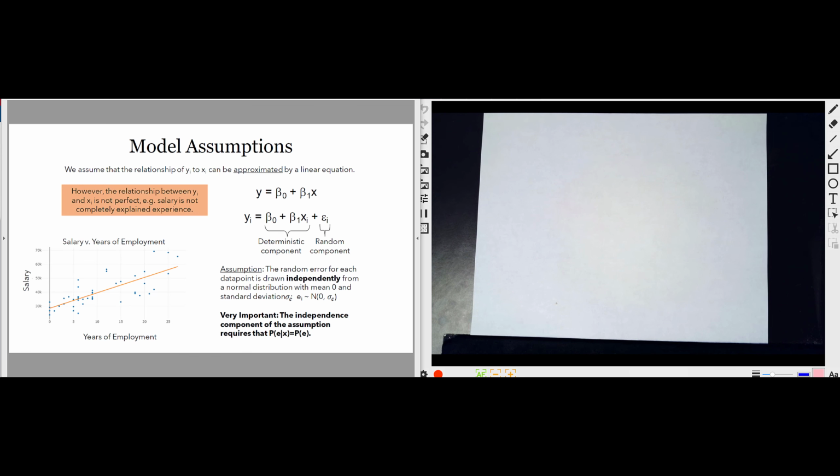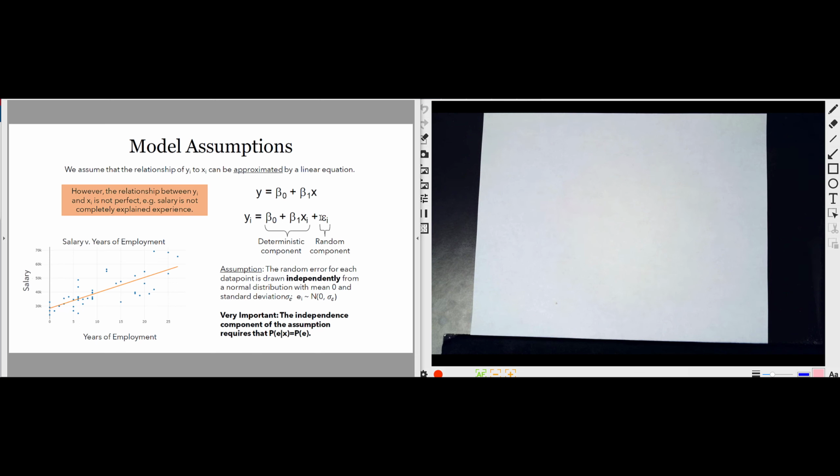And so once we have this linear relationship with these two coefficients, b0 and b1, from least squares, what we discover is that the actual dependent variable values don't fall directly on that line.